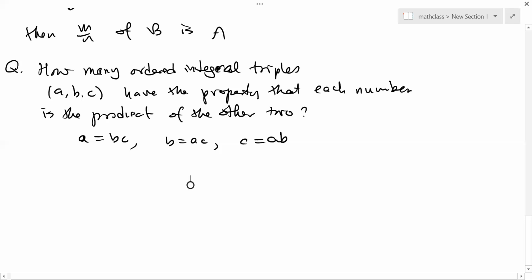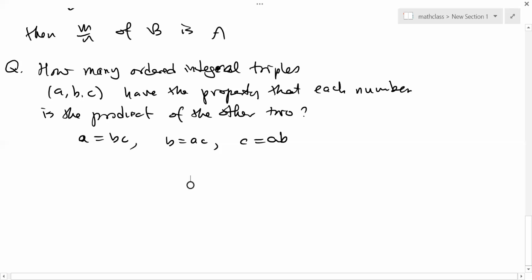Okay, so now there are a couple of ways to do this. We can find a times b times c first.